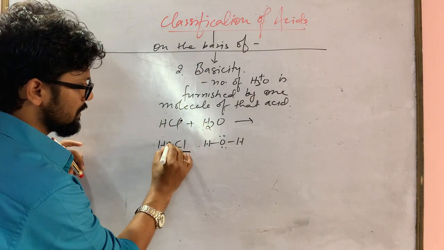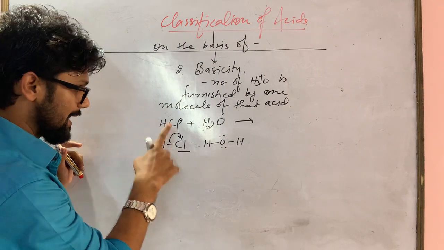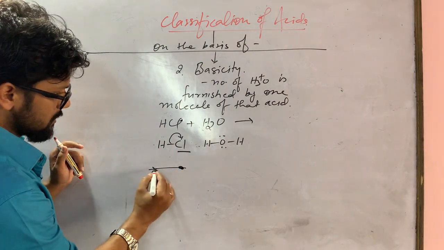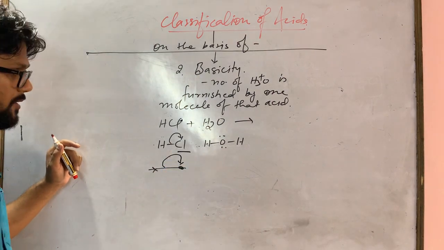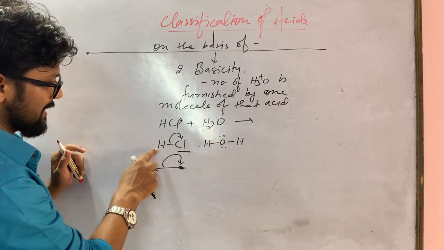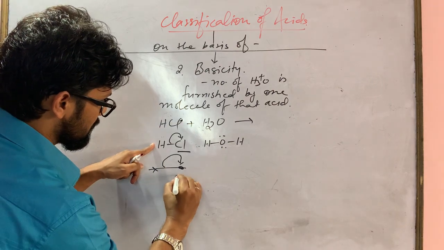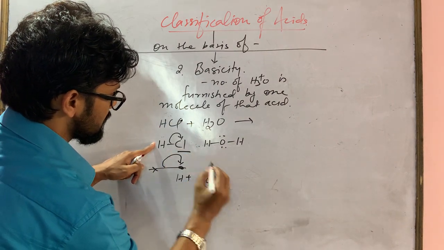So what will it do? It will attract the electron pair towards Cl. As we know, in one bond there are two electrons. So this electron is going towards chlorine, which means after transferring electrons, hydrogen contains a plus charge, right? And this will change into Cl minus.